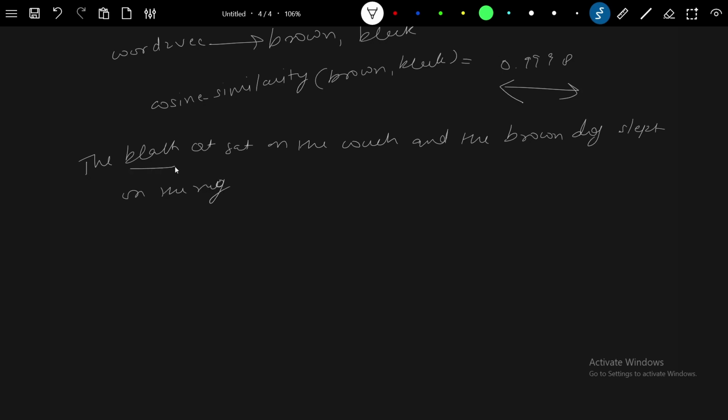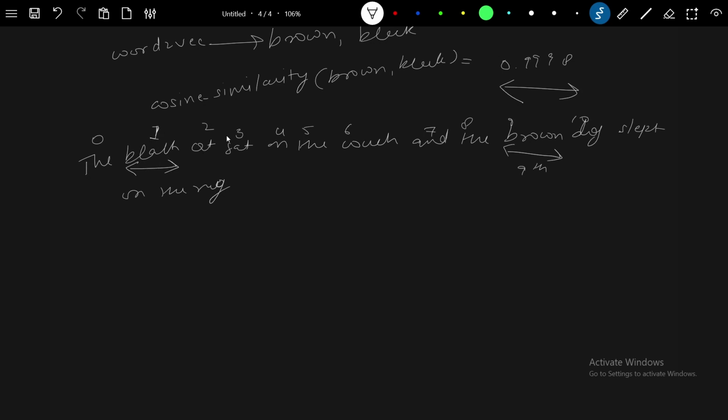Now you see black is coming at this point in the sentence, which is at index one. And 2, 3, 4, 5, 6, 7, 8, 9, 10, and brown is coming at the ninth index, right?